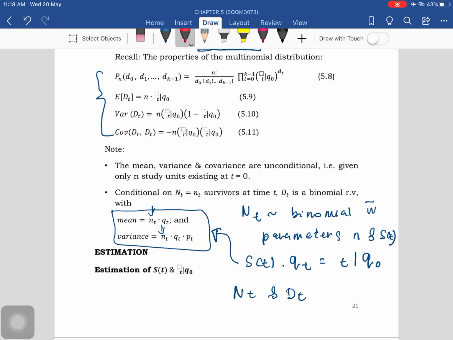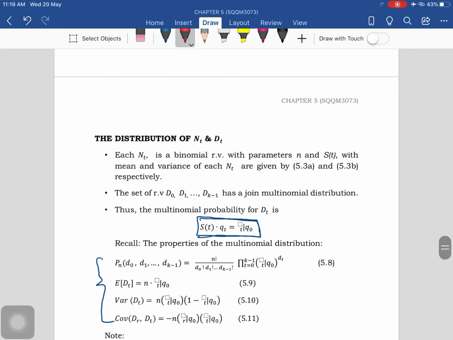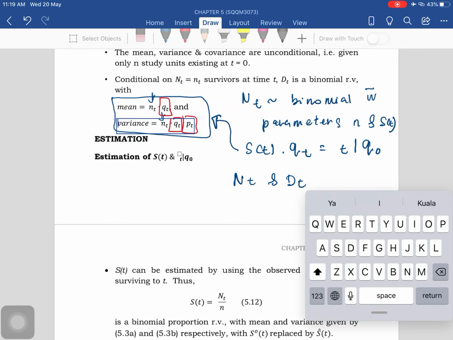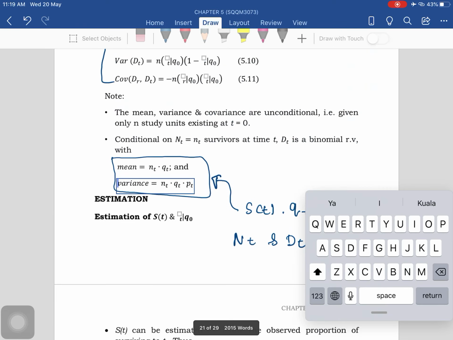If you notice, just now we used FT and ST, now we just replace ST and FT using the probability of death QT and the probability of survival PT. That is the relationship between these distributions for NT and DT in terms of probability. Okay, thank you guys. We stop here.